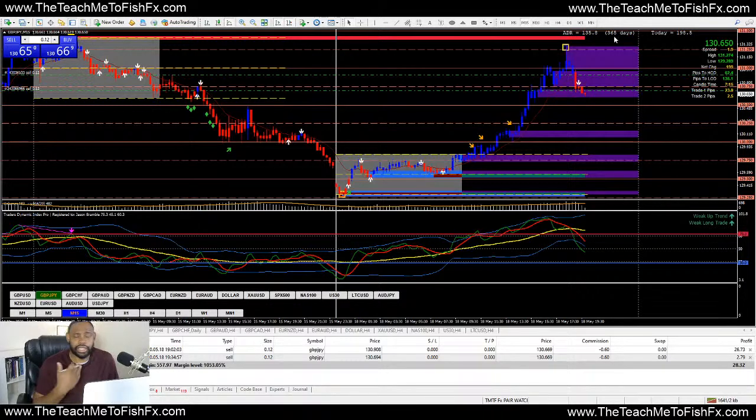I like to trade pairs that have a minimum of 100 pips, because I feel like I could easily get 20, 50 pips out of that pair a day. In other words, it's high volatility, high liquidity. So I like these pairs.